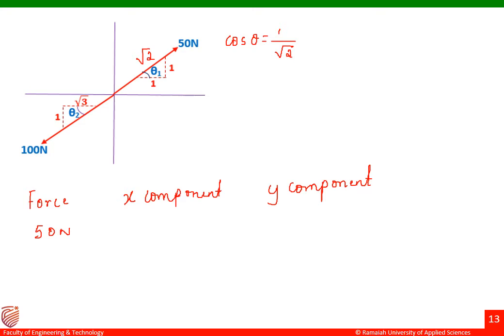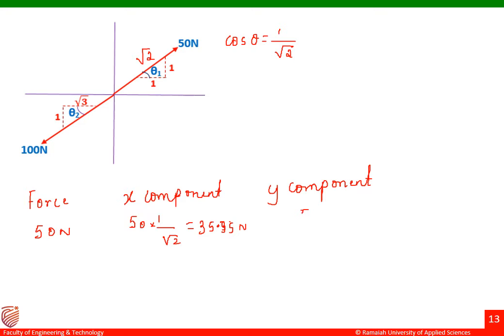Okay, so this is my root 2. The same thing I'll substitute here: 50 into 1 divided by root 2. You are going to get the answer as 35.35 Newton. This is my x component.